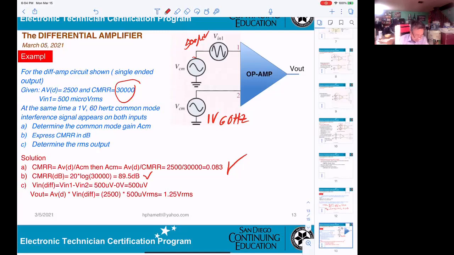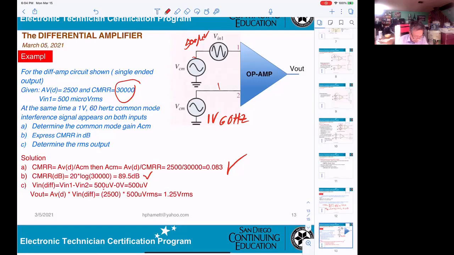Okay, and they want to know, determine the RMS output. V in equals V in 1 minus V in 2. V in 2 has no signal, so V in 1, 500 microvolt minus 0, gives 500 microvolt.